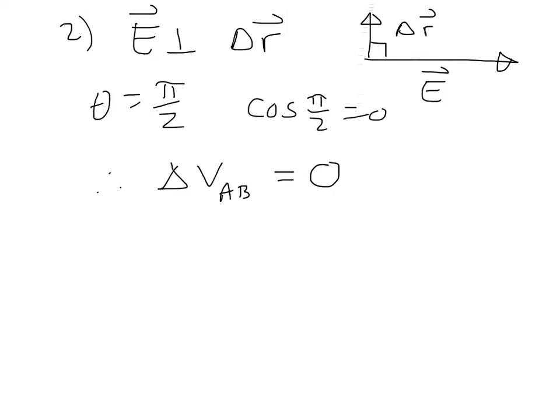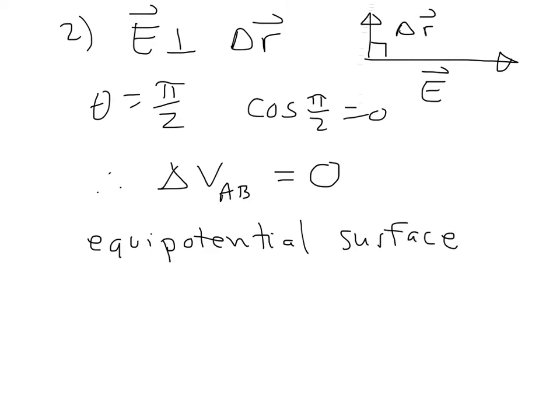So that implies that if we were to look at what's called an equipotential surface, and this is the set of all points in space that have the same value of the potential, okay? And I'll give you an example. Let's consider a region of space in which we have a uniform electric field.